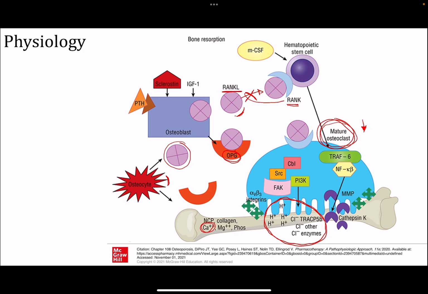Some other things I want you to note here is we have sclerostin here, and we have parathyroid hormone. These are some signals that you'll understand more when we talk about the drugs that are going to stimulate the release of RANK ligand. And then we also have estrogen and calcitonin, and this has the opposite effect.